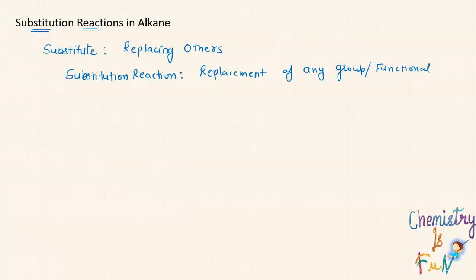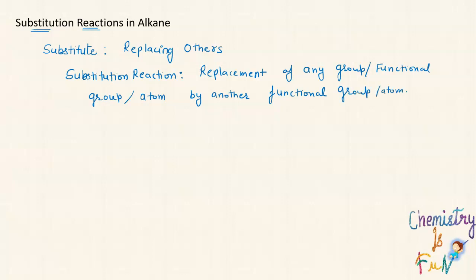Functional groups are the groups which represent and are responsible for a particular type of reactions. So substitution or replacement of any group, functional group or atom by another functional group or atom is known as substitution reaction.